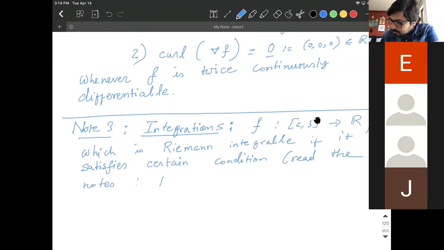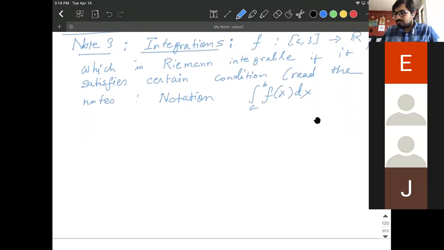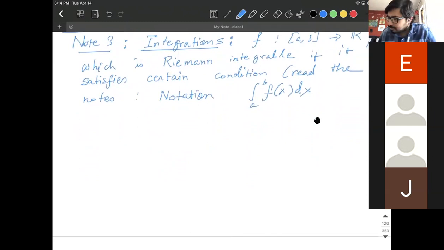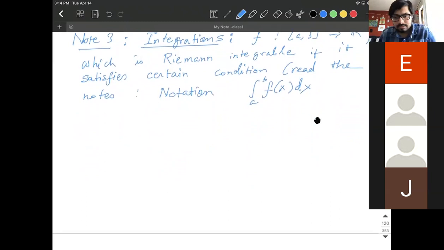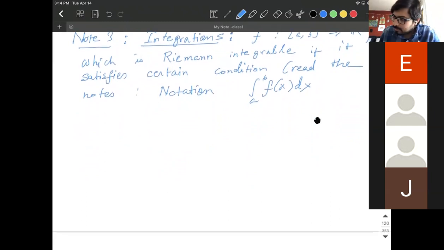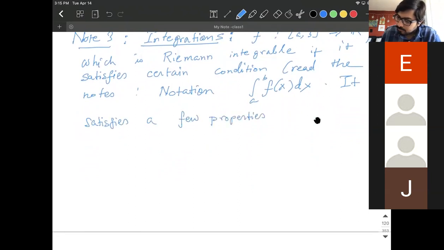We use the notation integral a to b f(x) dx for the value of the Riemann integration, or sometimes just integral f dx without emphasizing the x. So it satisfies a few properties, of course.